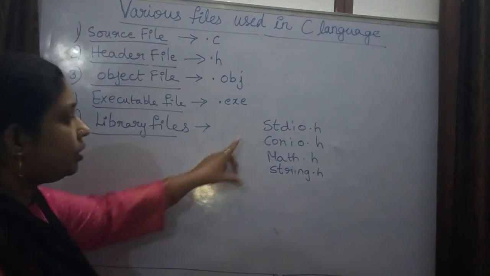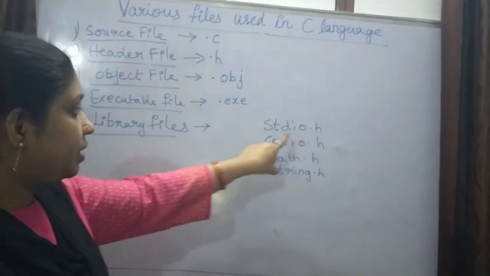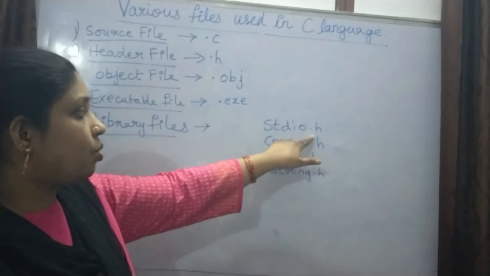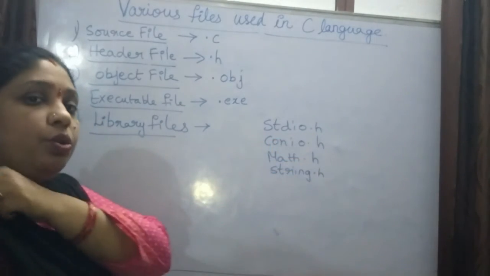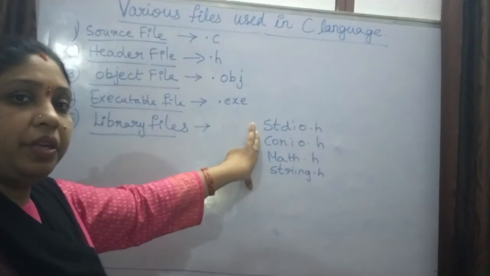Now what are all these things? These are the library files, but you can also call them header files. You can call it a header file, or even you can call it a library file.